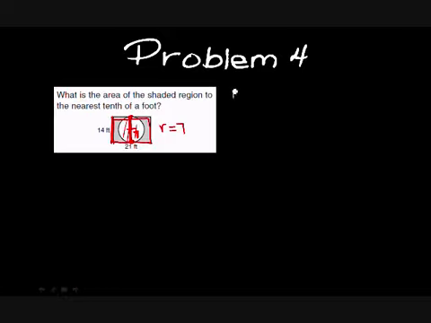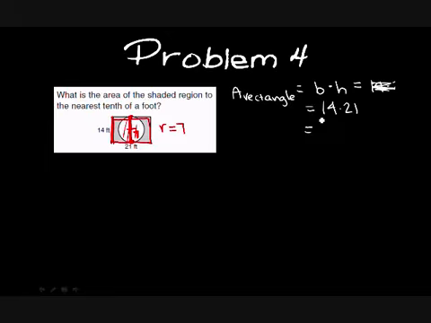So we have area of the rectangle is just going to be base times height, which is 14 times 21, which equals 294. So we'll keep that to the side. And then we find our area of the circle, which is going to be pi r squared.